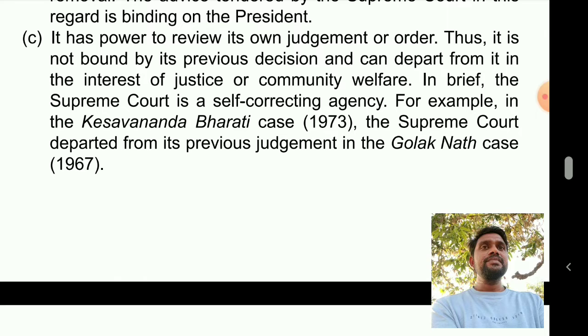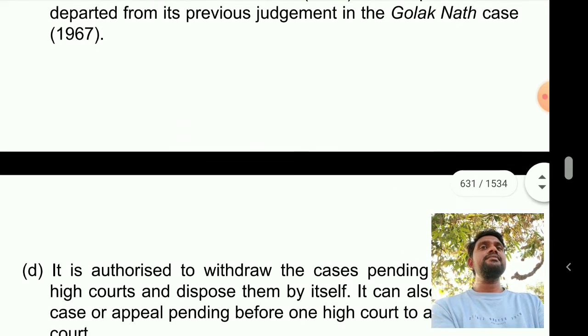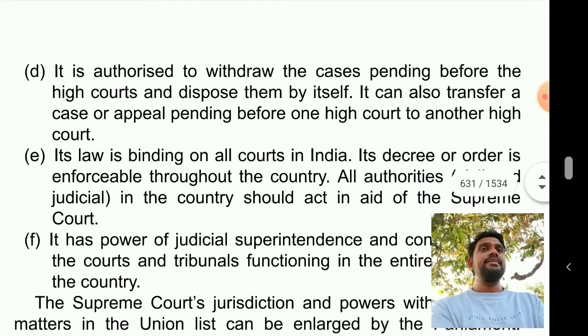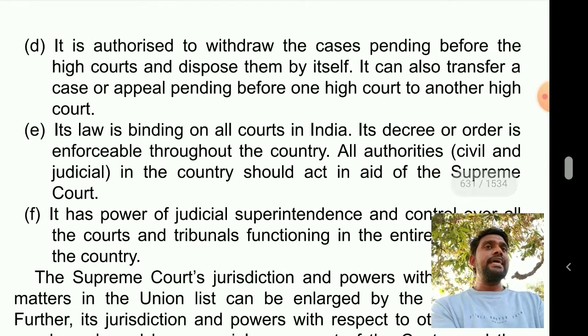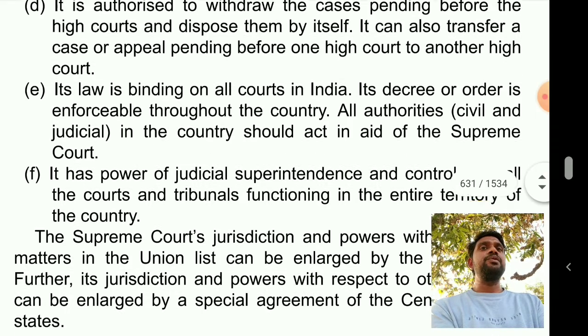For example, in the Kesavananda Bharati case 1973, the Supreme Court departed from its previous judgment in the Golaknath case 1967. Next D. It is authorized to withdraw the cases pending before the High Courts and dispose them by itself. It can also transfer a case or appeal pending before one High Court to another High Court.